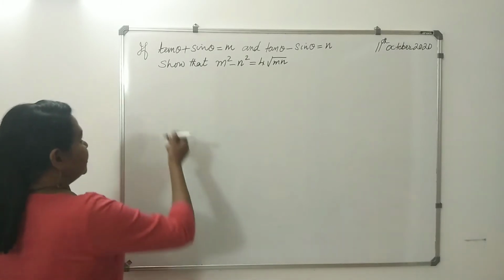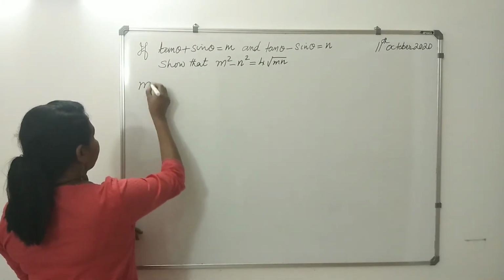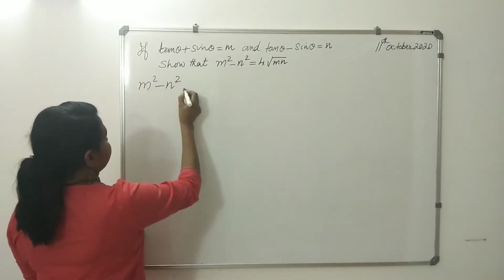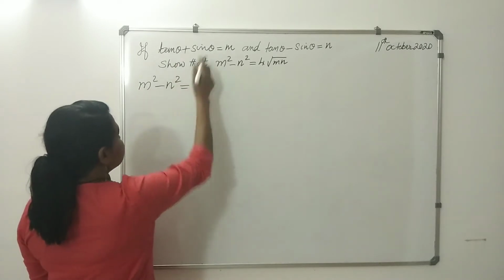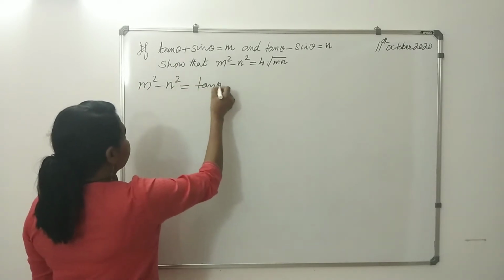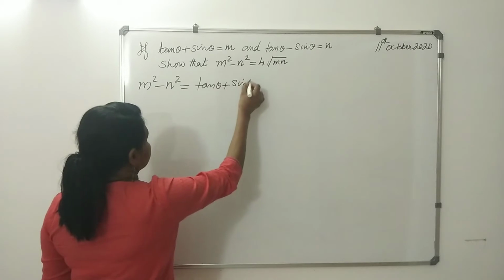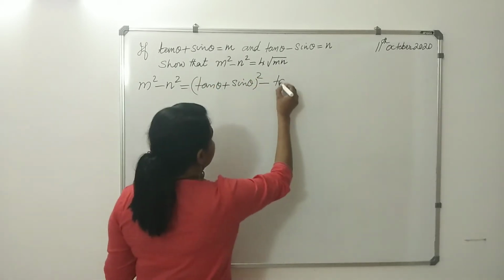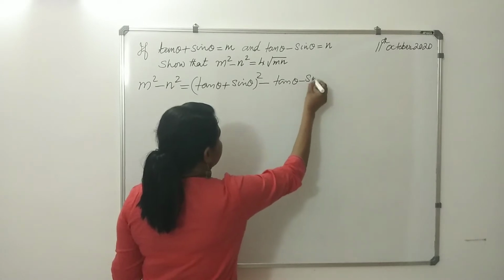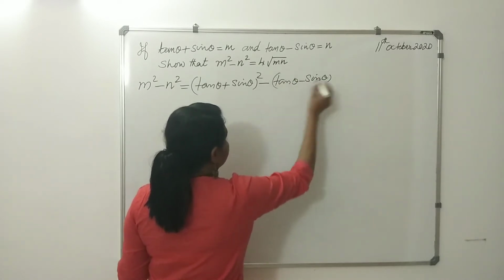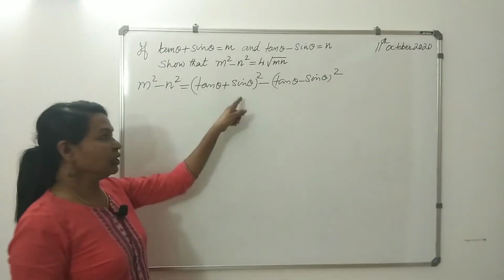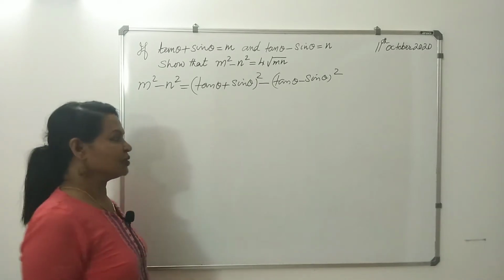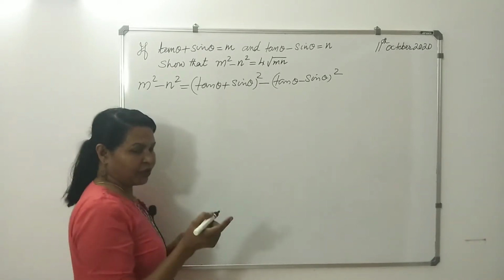Okay. So first we can write m square minus n square, that is equal to m is tan theta plus sin theta the whole square minus n is tan theta minus sin theta the whole square, right? What is a plus b the whole square minus a minus b the whole square? It is 4ab.